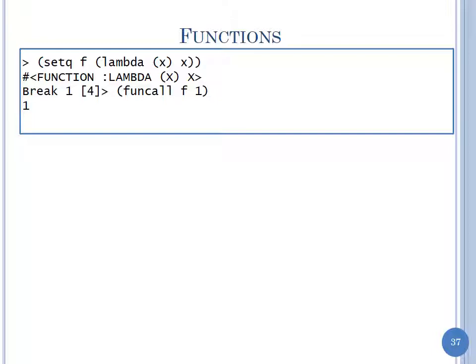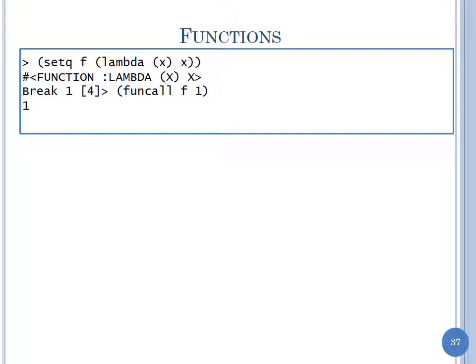So you might think that I've done setq f lambda x x, and I should just go and say f 1 now to call the function. Okay? So what I've done is I've defined a function called f, assigned to it a lambda expression. That's stored now.